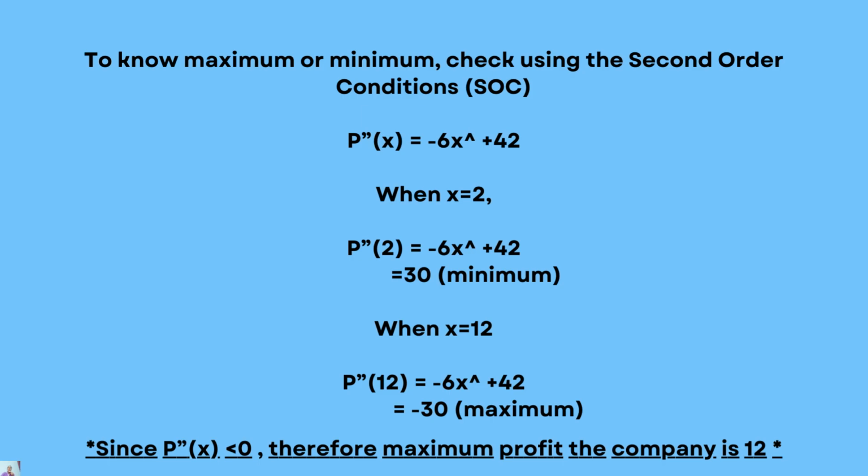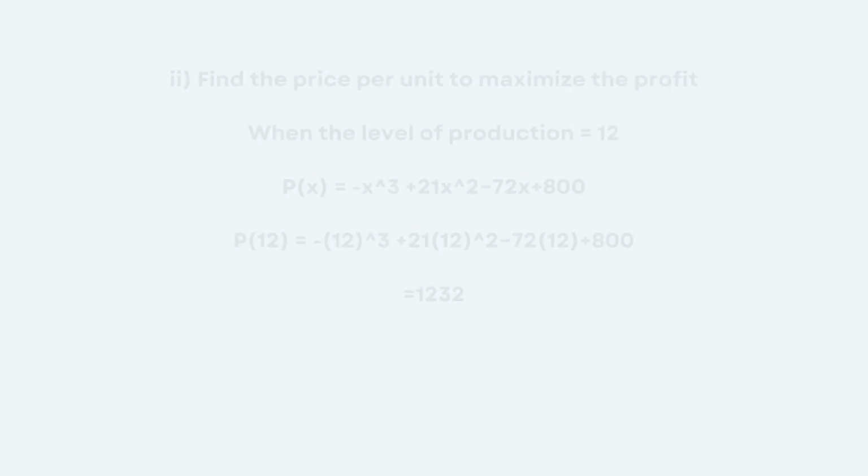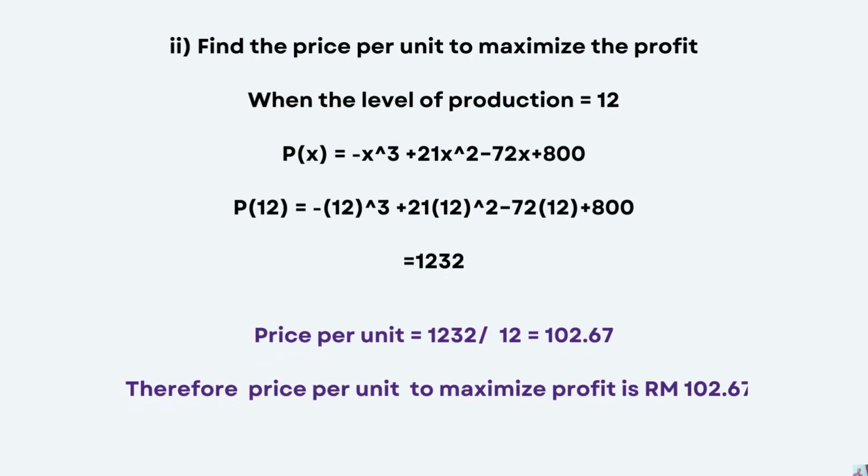Since P'' is less than 0, the maximum profit level of production for the company is 12. Find the price per unit to maximize the profit. We know that the level of production is 12. So we substitute the 12 into the equation, and we get the answer 1232.